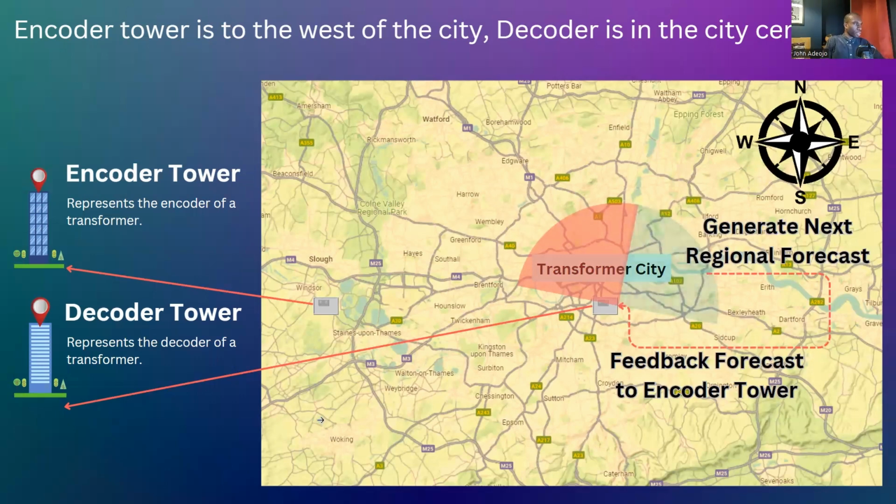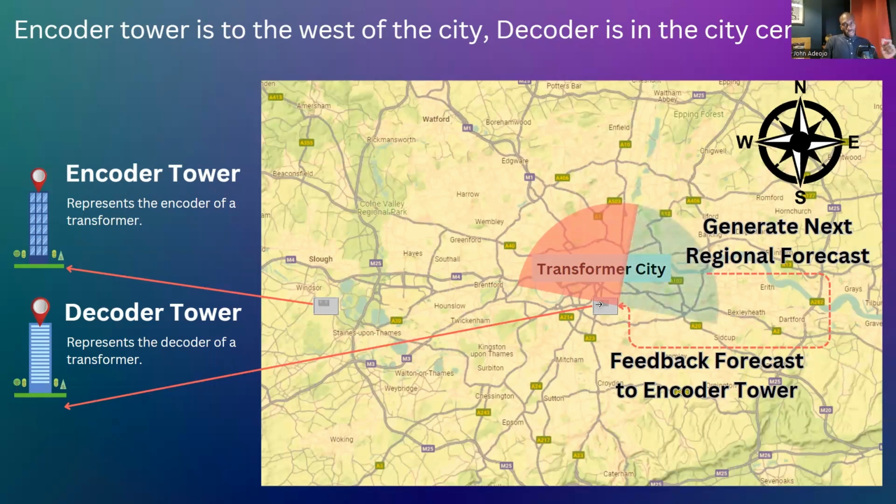That report is shared, using the encoder tower, with the decoder tower, and then an initial forecast is generated, and that's fed back into the tower. So the tower has an awareness of not only what's happening over here, but it also has some local awareness as well, because it's generated a forecast based on what's happening over here, and that forecast is fed back in. And then that's used to generate another forecast that is a bit more east of the initial forecast. So the forecasting from the decoder tower moves from west to east.